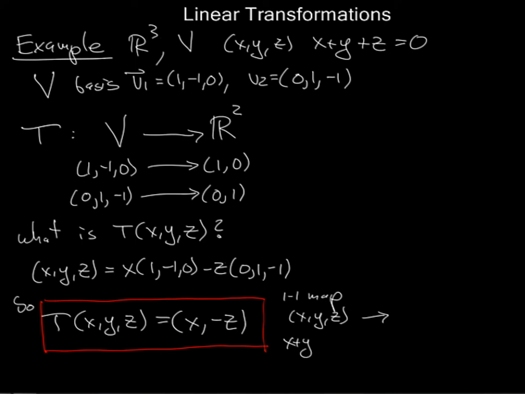It maps the vector XYZ, provided the coordinates add up to 0, to the vector X, minus Z. And this is a one-to-one and onto map.